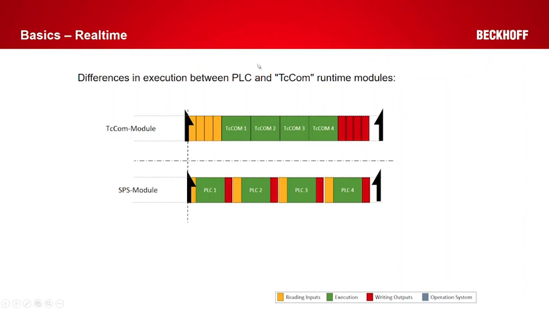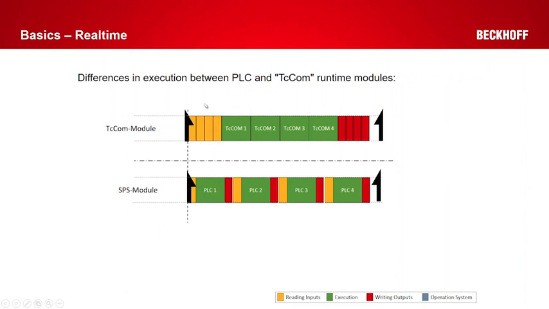For classical TC-COM modules, which means programmed in C++ or via MATLAB Simulink or whatever program, these modules will register by a task. This means they register by the input update of the task, the cycle update, post-cycle update, and also by the output update. And this means the task and not the TC-COM module takes care of the different phases of the execution.